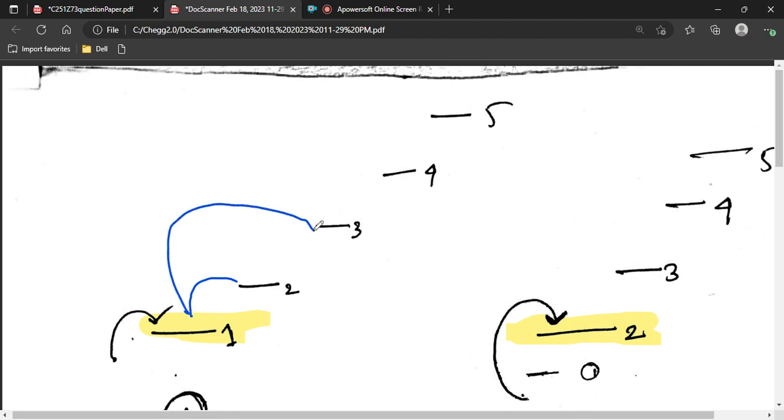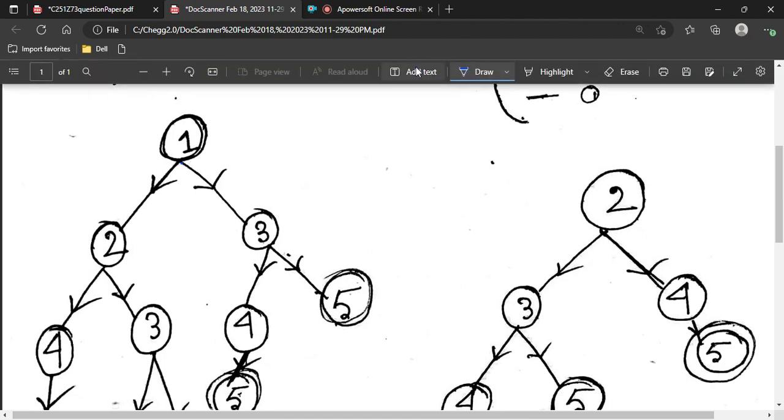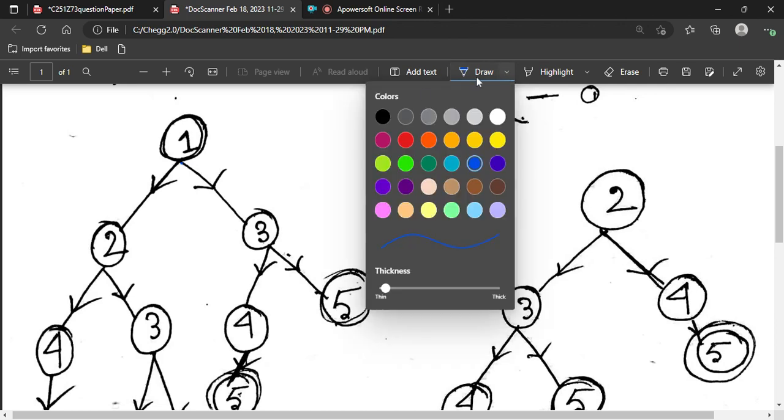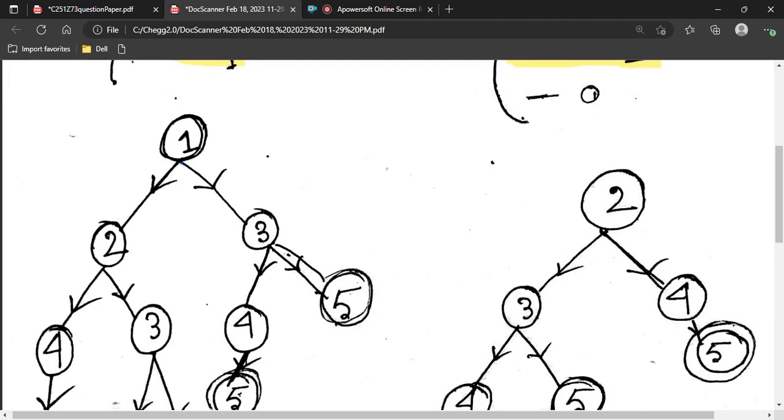So I have written here, either I can go to stair number 2 or stair number 3. Now if you are on stair number 3, how many ways do you have? You can go either 3 to 4, or 3 directly to 5, because you can go 2 stairs also.